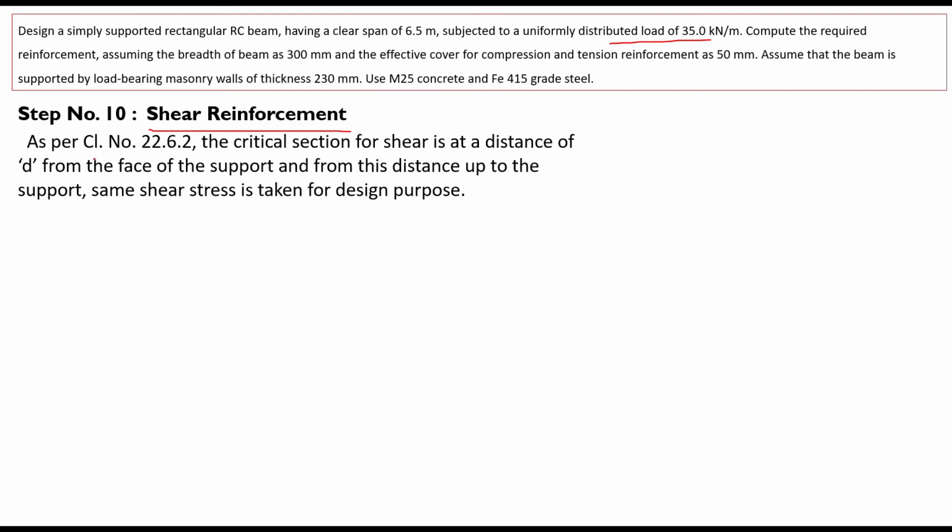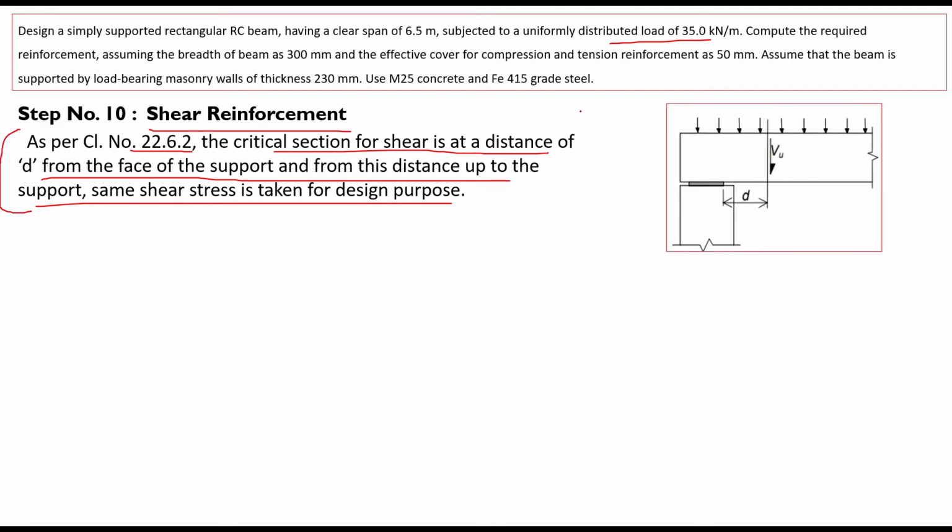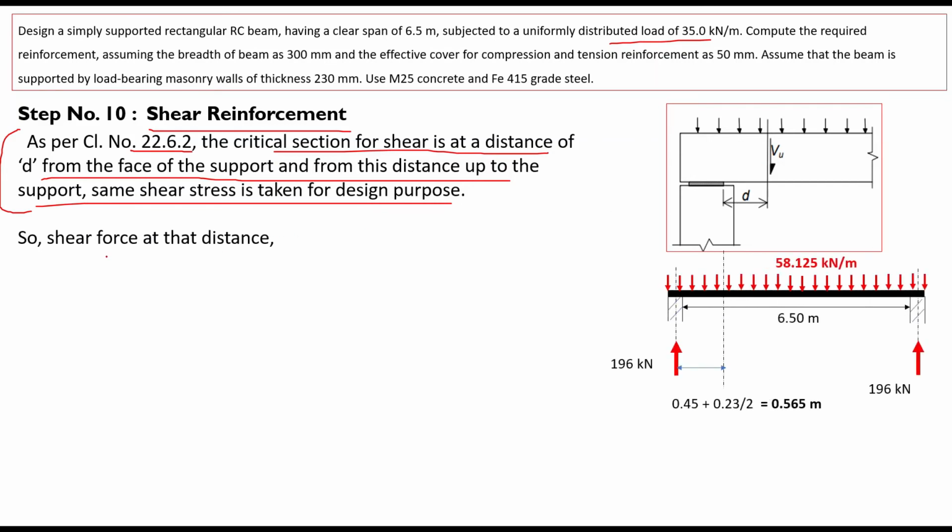Again you have to refer to clause number 22.6.2, and according to this clause, the critical section for shear is at a distance d from the face of the support. This information is applicable for singly as well as doubly reinforced sections, and we discussed it in the singly reinforced problem. We have to calculate the shear force at this critical section.